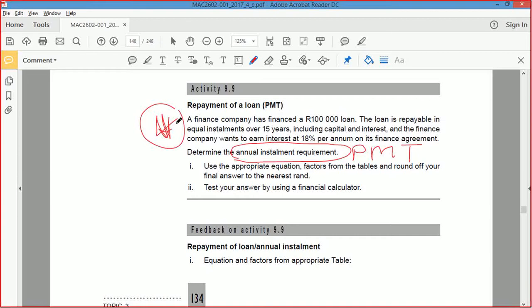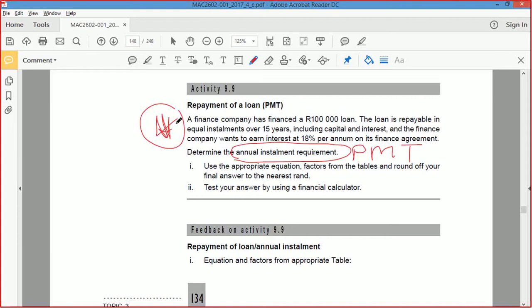Okay, so I'm trying to work out the annual installment requirement. Okay, so 100,000. I think 100,000 is my PV for a loan, yes.